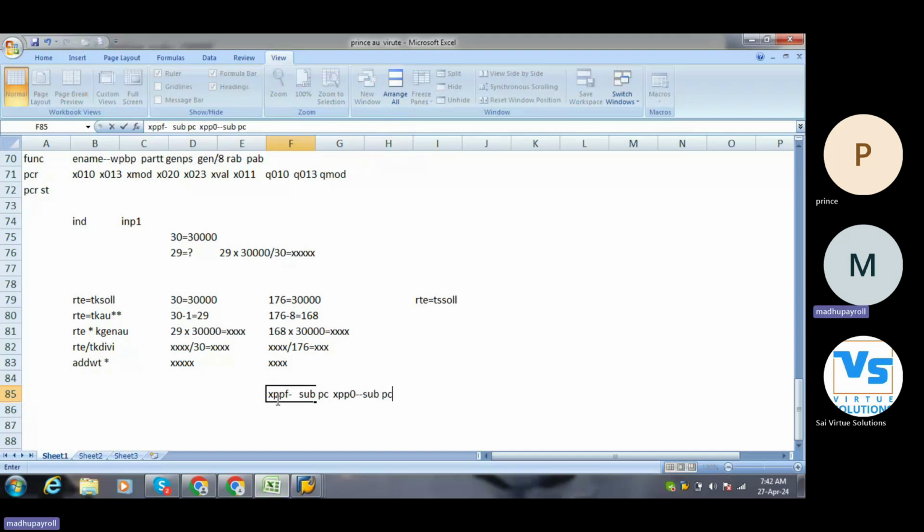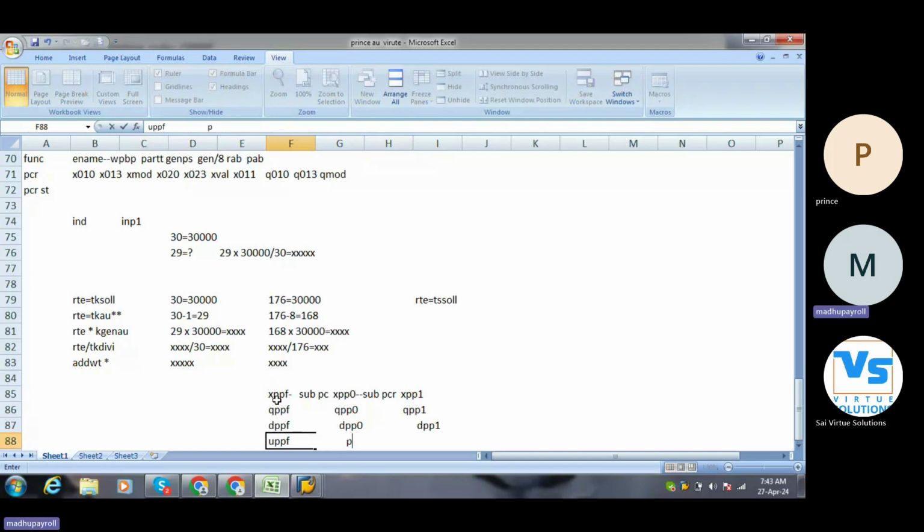XPP0 contains a sub PCR, that is XPP1. Similarly, in Australian payroll, QPPF and QPP0 and QPP1. In German payroll, DPPF and DPP0 and DPP1. There is not much difference. In US payroll, UPPF. This is okay.